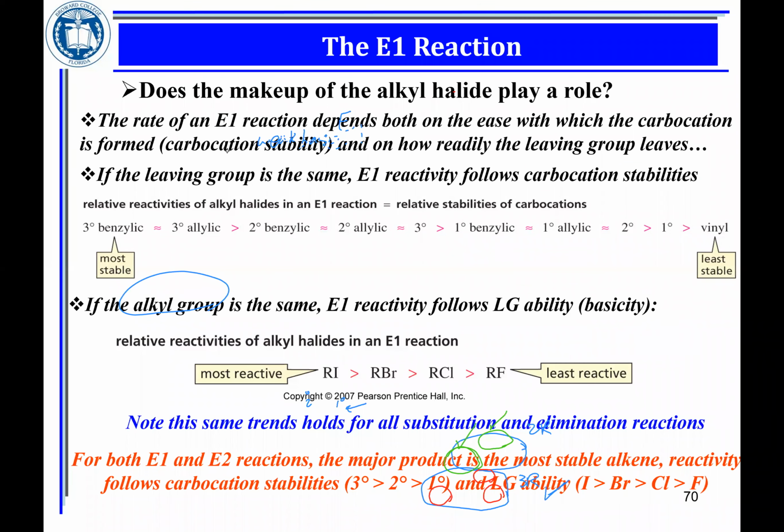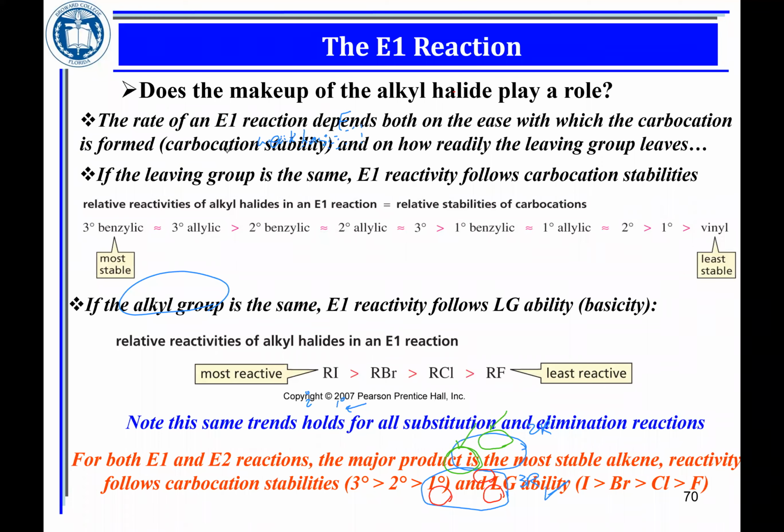Okay. For the E1 mechanism, which one is going to go faster? Because a carbocation forms, tertiary, allylic, benzylic, secondary, all take priority. The more stable the carbocation, the faster the reaction.